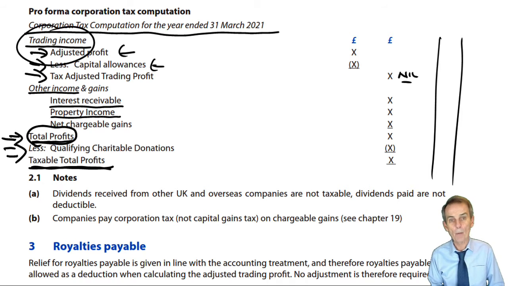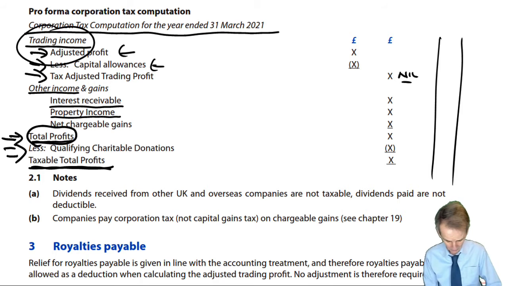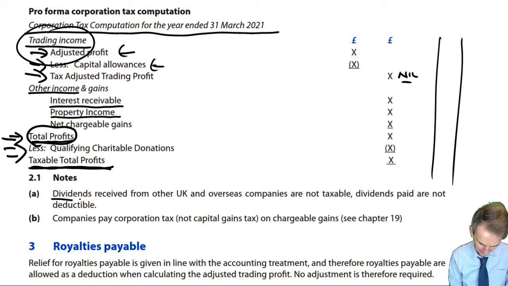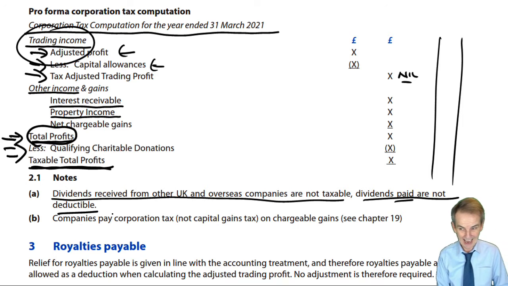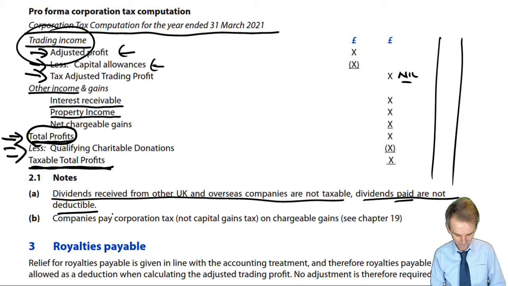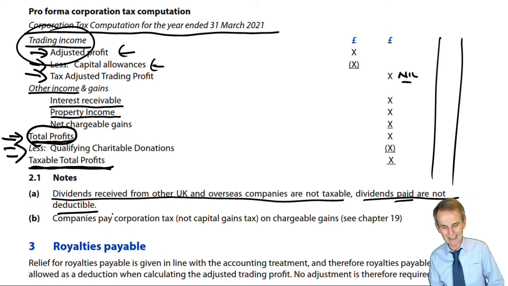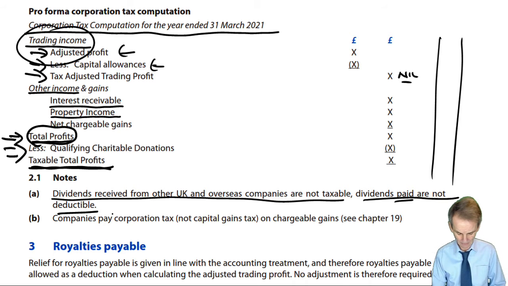It will be the property income accrued for the accounting period there. You do not, of course, see dividend income. Dividends received from other UK and overseas companies are not taxable. Dividends paid are not deductible there. They're outside of the taxation system. So we've got interest income, we've got property income, both being included on an accruals basis, in line with the figures within the statement of profit or loss itself.